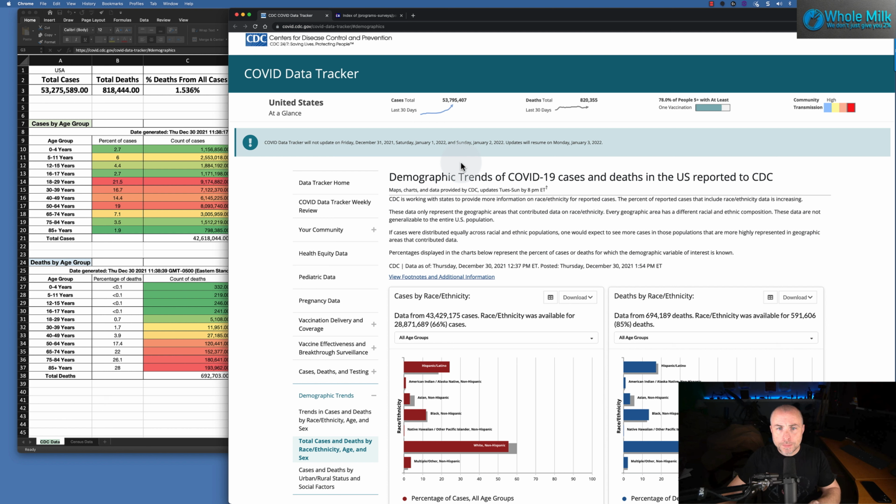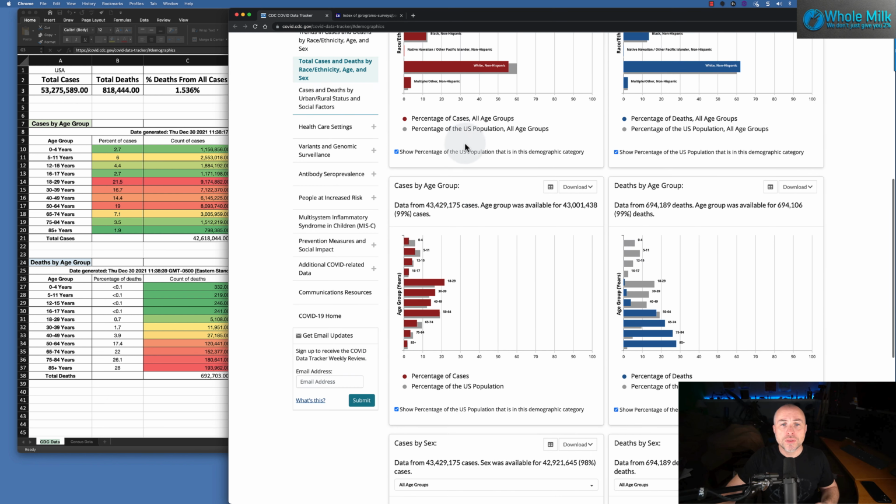There's a little discrepancy in the data. They're saying total cases since the start of this is 53 million cases in total. For their cases by age group, they're saying they have data from 43 million. So they're missing 10 million cases in this age group data. And out of this 43 million, they only have age data for 43.001, so they're missing about 300 or 400 within their data set here.